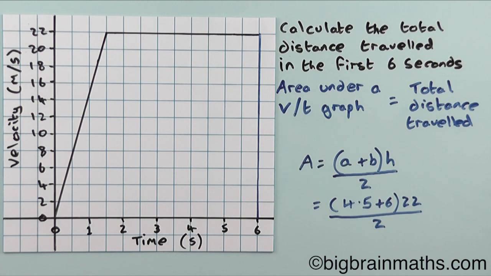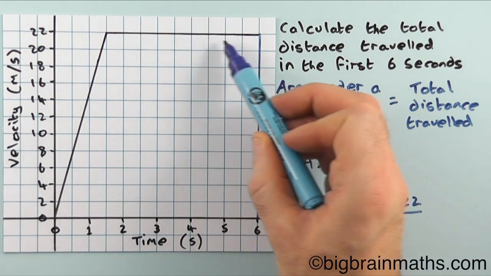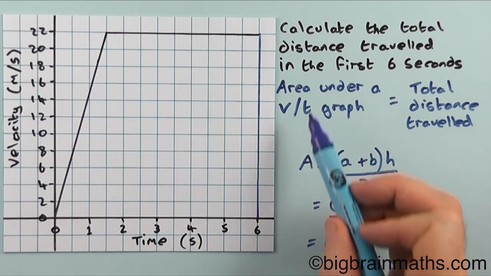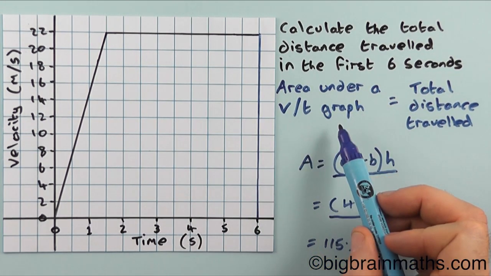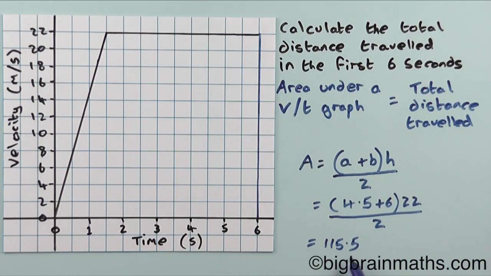I do this on a calculator, and it equals 115.5. So the area of the trapezium, which is the area under the velocity time graph up until 6 seconds, is 115.5. And because the area under a velocity time graph is equal to the total distance travelled, this area is also the total distance travelled.